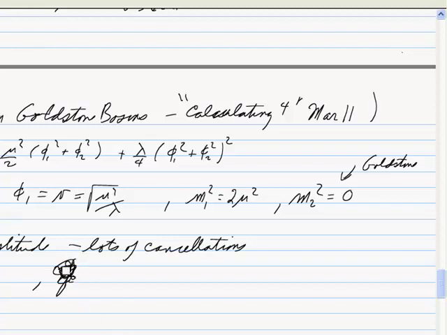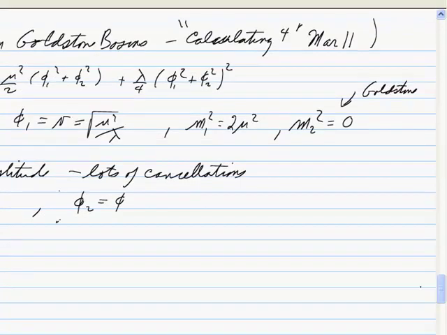Phi 2 is what we call phi, is our light field. And I can integrate out the heavy field and get the effective Lagrangian for the scattering amplitude. And we'll see the cancellations then are obvious even before we start.